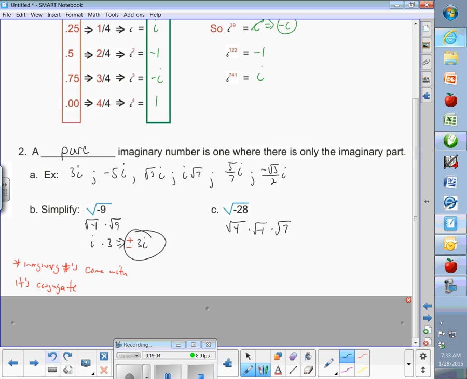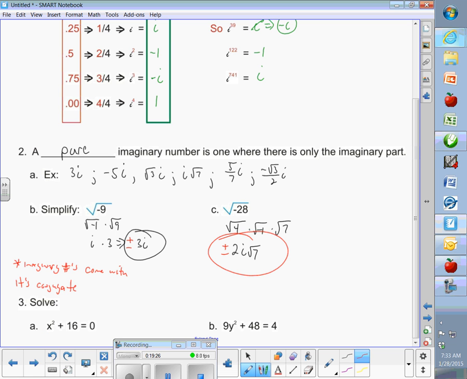We've simply broken up the negative 28 into manageable parts. Square root of 4 we know is 2. Square root of negative 1 is i. Square root of 7 is square root of 7. And because it's an imaginary number, remember that we have conjugates. Plus or minus 2i times the square root of 7.